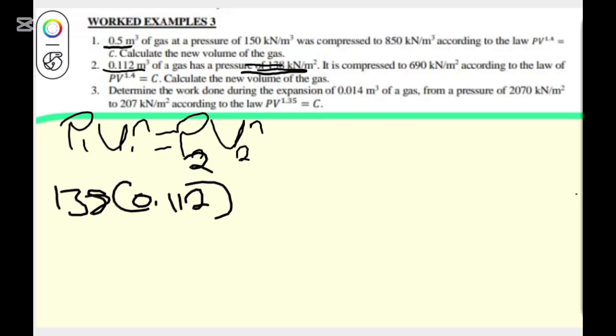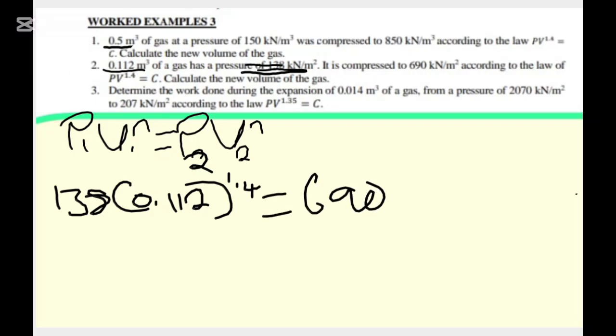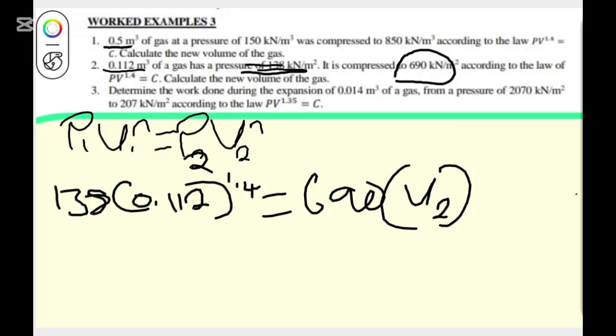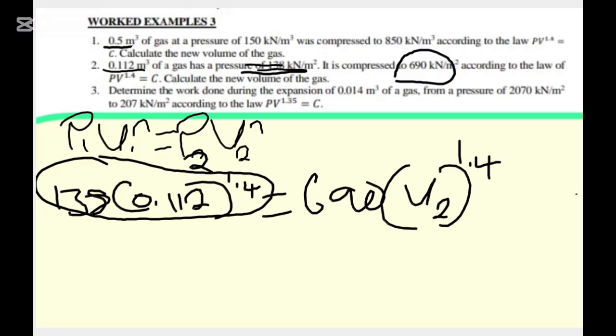0.112 from the question, power of 1.4, which is equal to P2, which is 690. This is the value of P2, multiplied by the value of V2, which is also power of 1.4. So if I multiply this, what am I going to get?